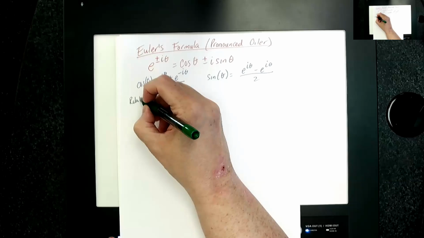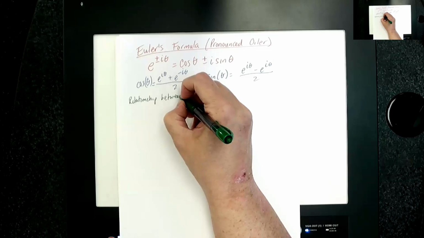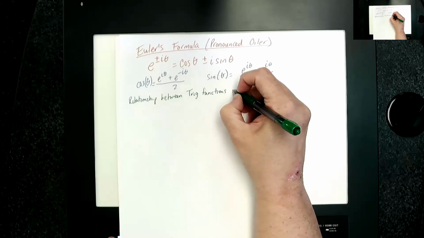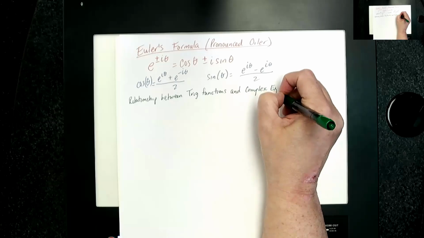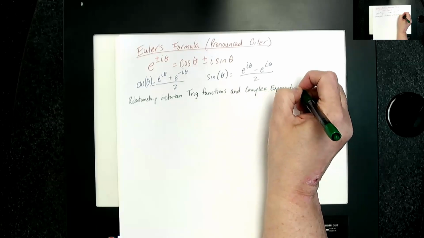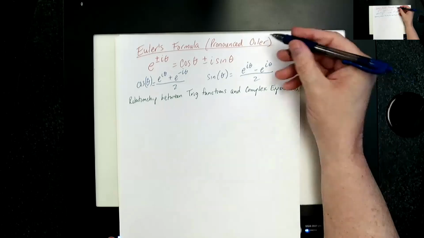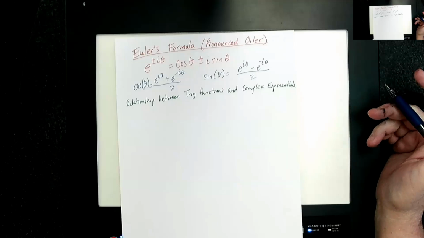And that's your relationship between trig functions and complex exponentials. Thank you. Yeah, if they were both positive, that would be 0, right?